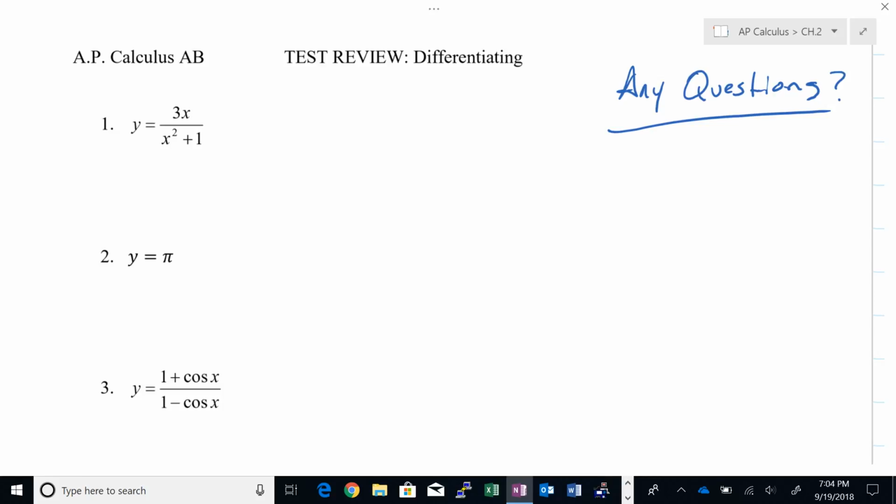If you want to see one of the problems worked out in the review sheet, just type what problem number. Any questions?